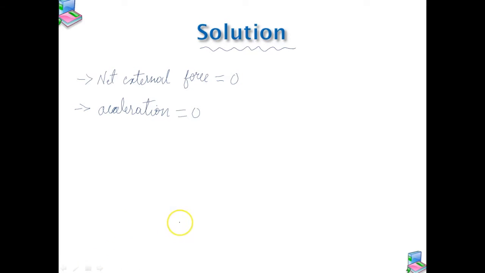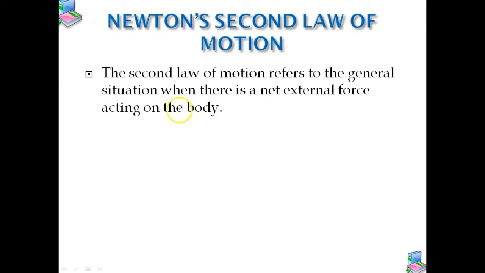Now let us see what the second law of motion is. Basically, the first law of motion refers to the simple case when the net external force on a body is zero.